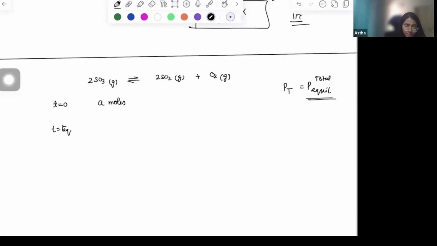So we have to find Kp. Yes. Find Kp in terms of the given numbers.